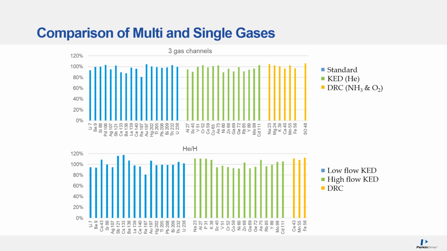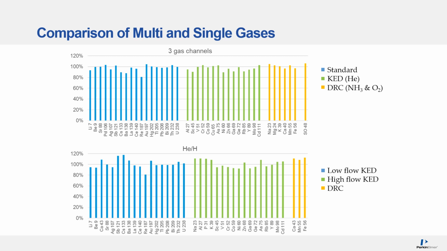Now, the hydrogen is not as universal as using other gases, so we did not utilize as much DRC in this case. And as well, the recoveries were better when we could tailor each individual isotope and each individual element to a different gas mode.